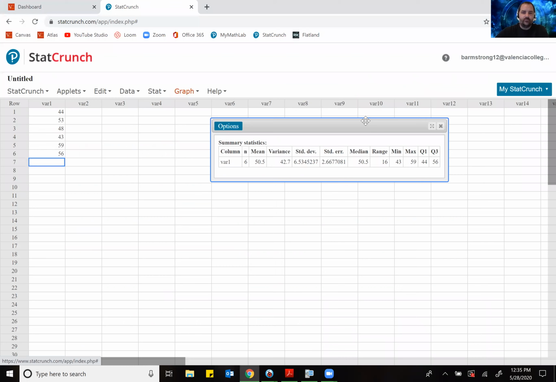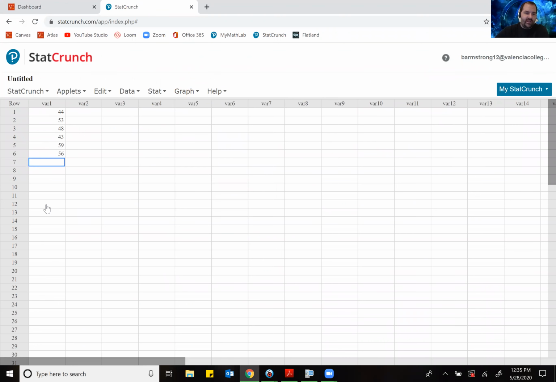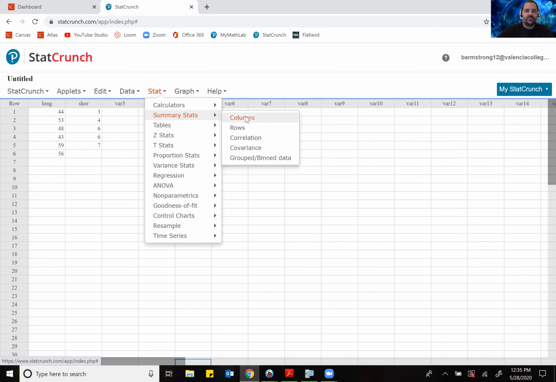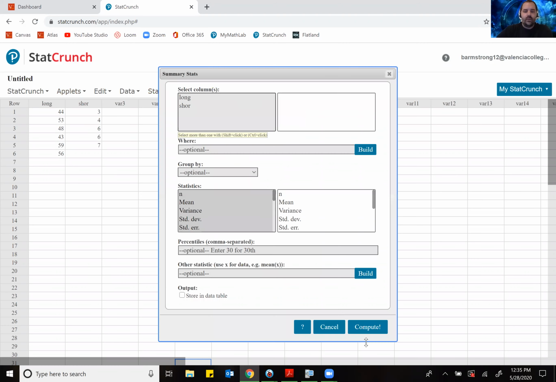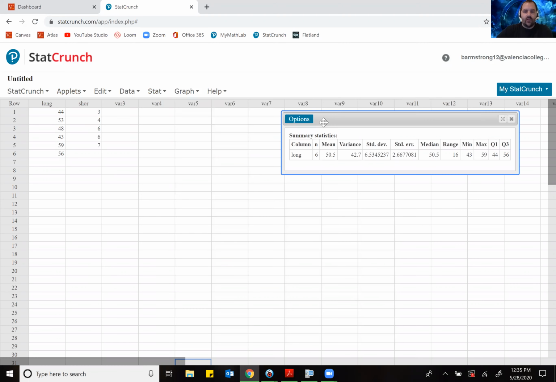If you do this in StatCrunch, you could actually do both of these at the same time. So you would put all of your information in variable 1, and I would just call it long. Put all the information in variable 2 for short. Let me just make up some information here. Then you would run stat, summary, columns, pick long, calculate, and there's the long.